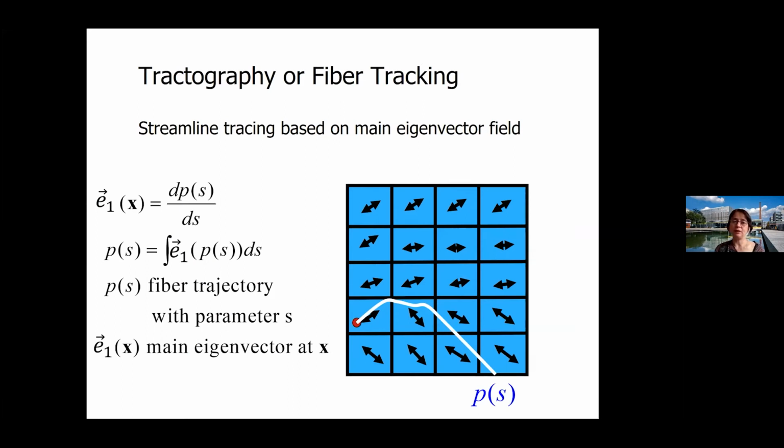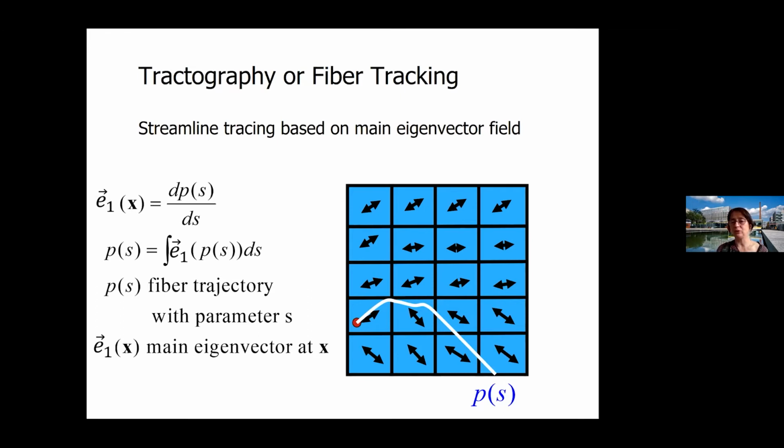So another very common method to visualize the data is going into tractography. So actually really trying to reconstruct your fiber structure. And there are many algorithms that have been developed to go from these diffusion tensors into fibers. And there is a lot of research being done on doing that in a reliable way. I will just talk about the simplest, or the most commonly used one, which is streamline tracing, which is based on the streamlines that are commonly used also in flow visualization.